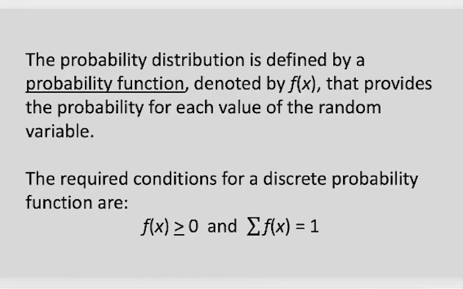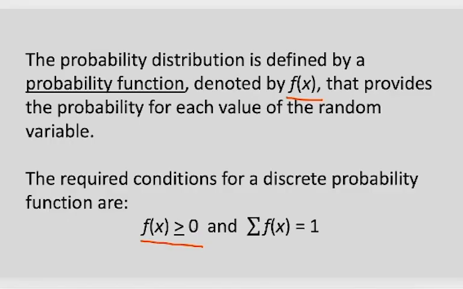The probability distribution is defined by the probability function, commonly denoted as f(x), or function of x. And this particular function gives the probability of each value of the random variable. There are certain rules to follow here. The first one is that f(x) should be greater than or equal to 0. That means each probability of a random variable should not be less than 0 or a negative value.